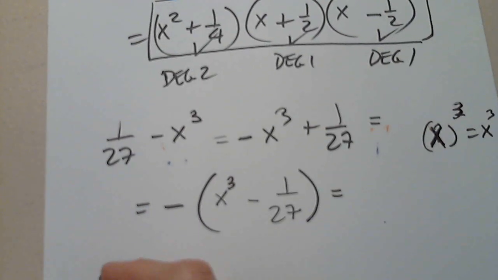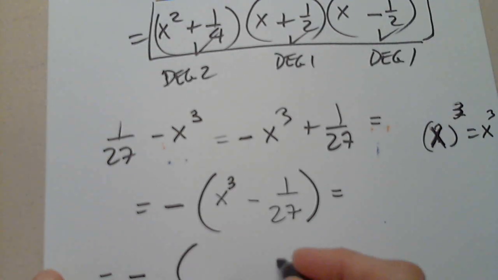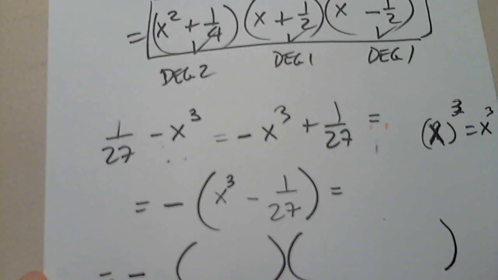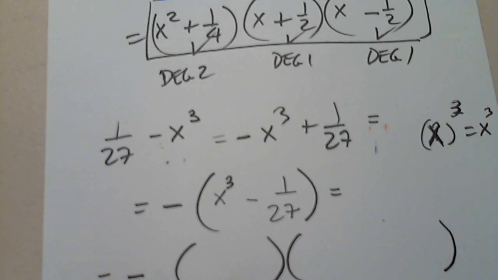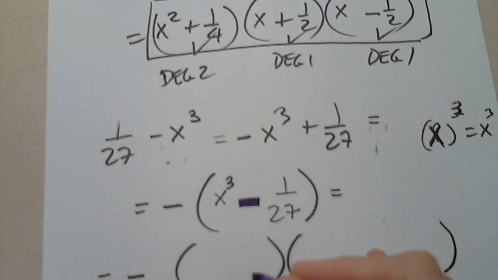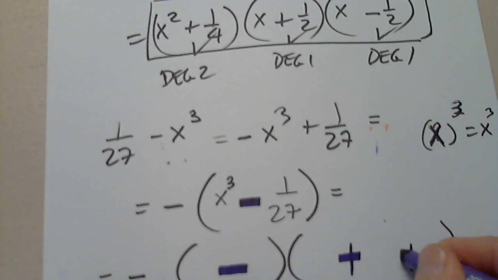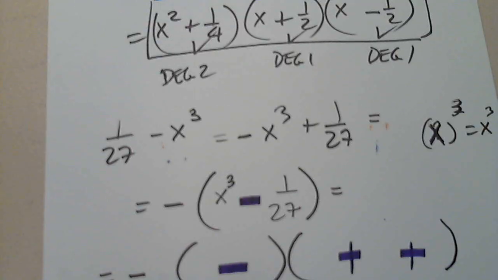So it's a difference of cubes, which means I have to prepare a binomial and then put the pattern in for the trinomial. Always, always start with a sequence of signs. If there is minus here, the binomial has minus, the trinomial has plus. You will never make a mistake if you do this.